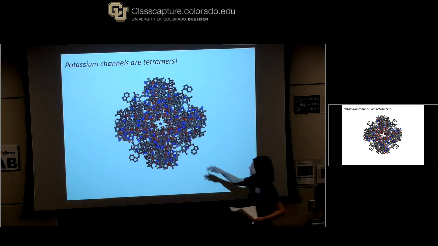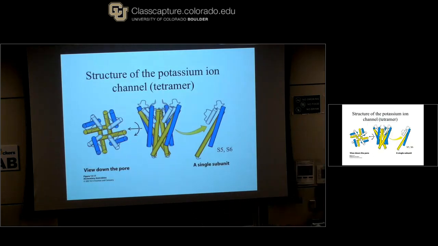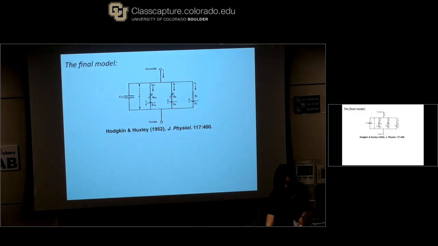What part is the channel? The channel is here. So you might be more familiar with these kinds of diagrams. So down the pore, you've got a bunch of helices and then some pieces, and these things undergo conformational changes, and all 4 of them have to open for you. All subunits have to open. So that's why I call this the first Nobel Prize in theoretical neuroscience.